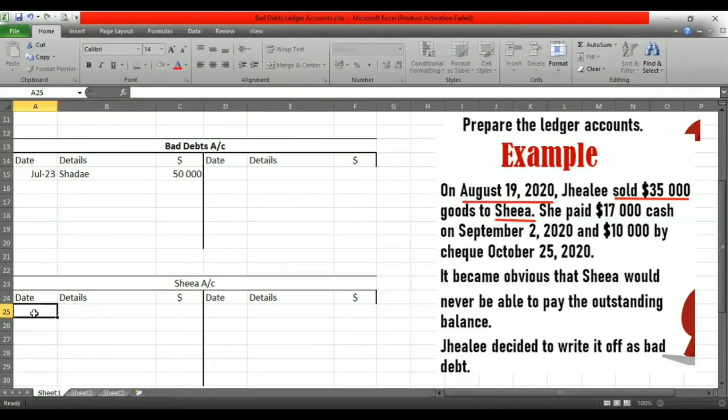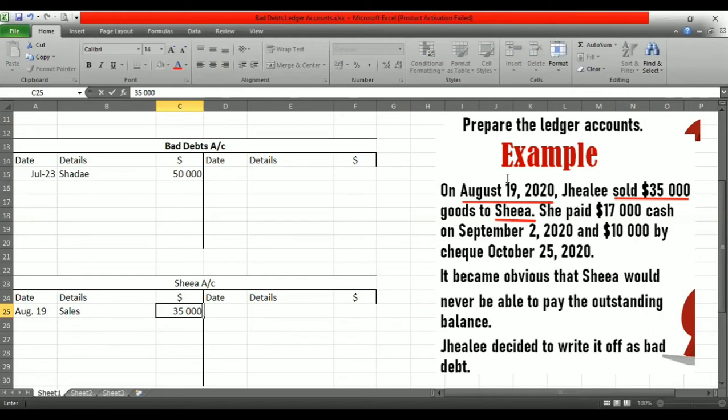Goods were sold to her on credit. This is an increase in the debtor. So debtor account is debited. That's August 19th. And the details is sales, which is the other item affected. And the value of the goods sold to her on credit is $35,000. So she purchased $35,000 goods from the business on credit.